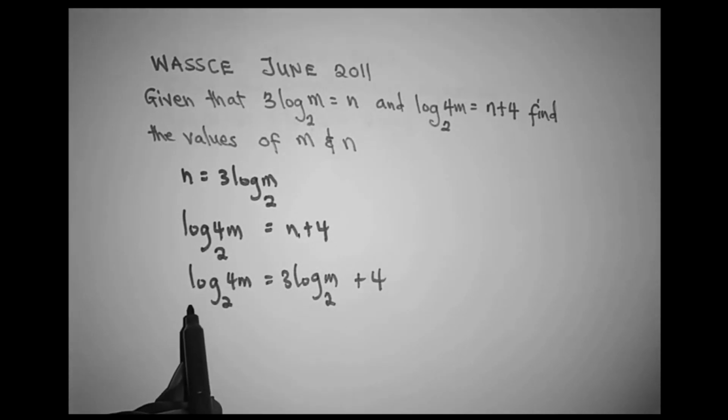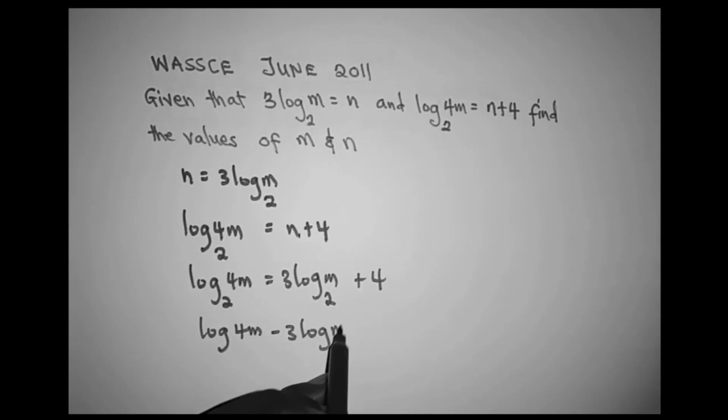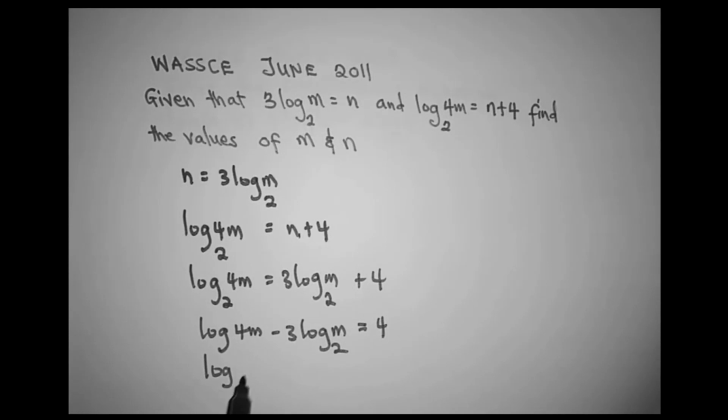So let's take this to the other side of the equation. It becomes log 4m base 2 minus 3 log m base 2 is equal to 4. So this can also be written as log 4m base 2 minus log m, then we bring the 3 on top, exponent 3 base 2 equals 4.